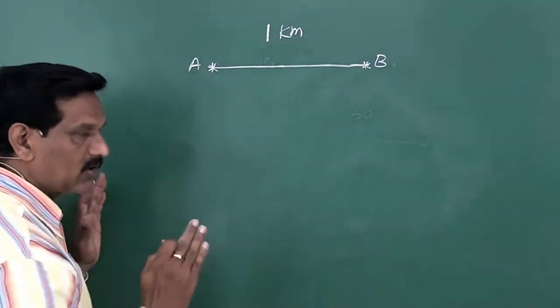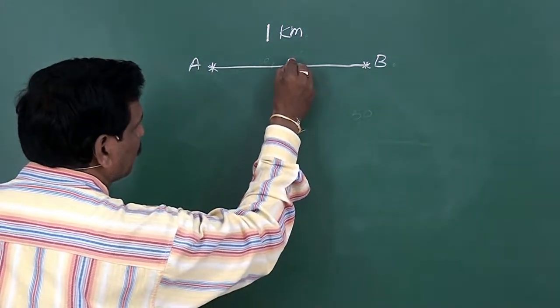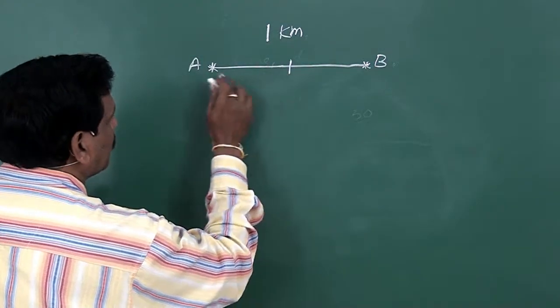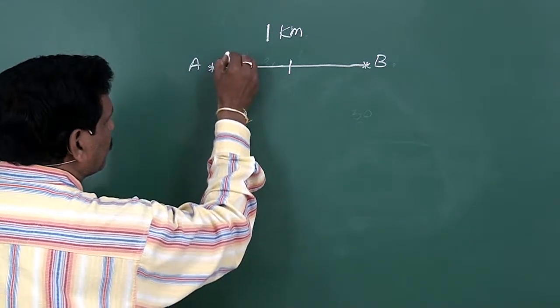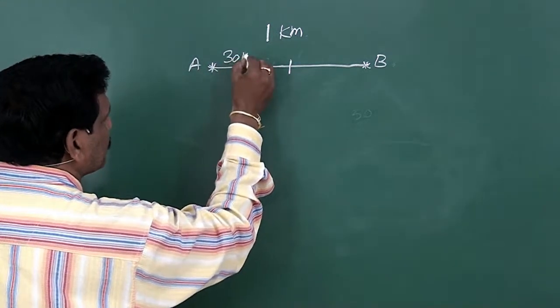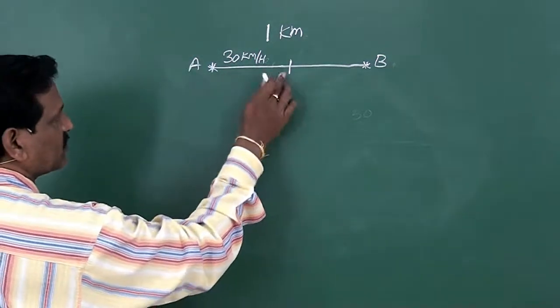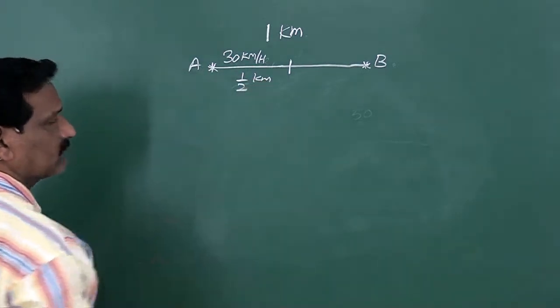Now here this car travels the first half. First half means half of this distance, with a velocity or speed of 30 kmph, kilometer per hour. This is the first half. First half means half kilometer.